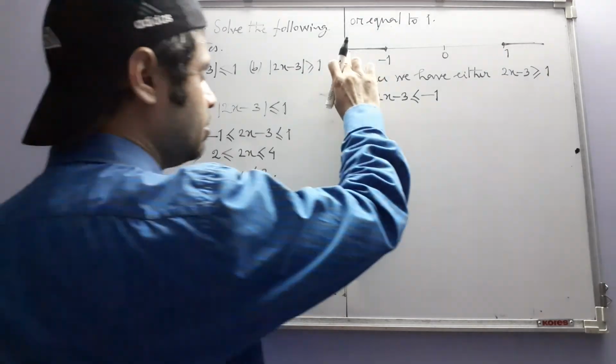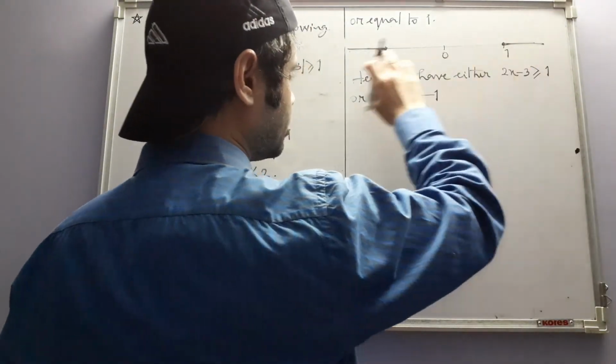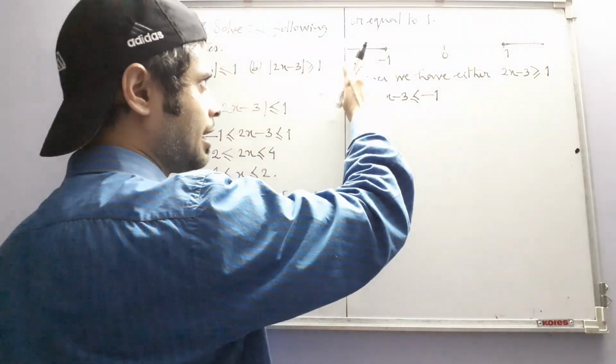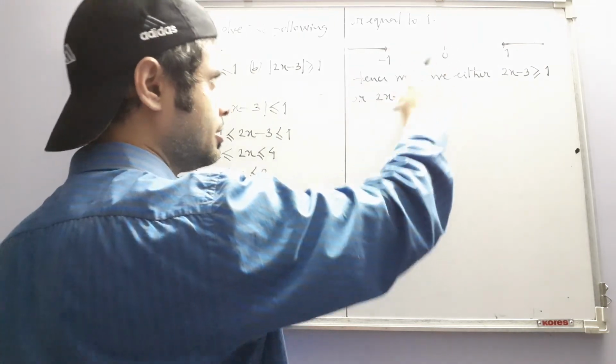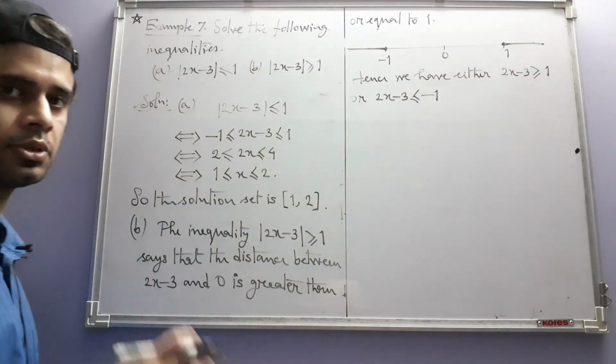Any point anywhere on these two rays has a distance from 0 that is greater than or equal to 1 on either side.